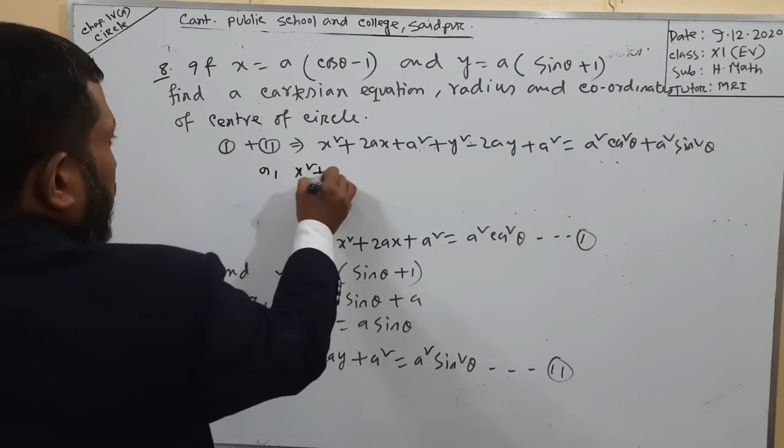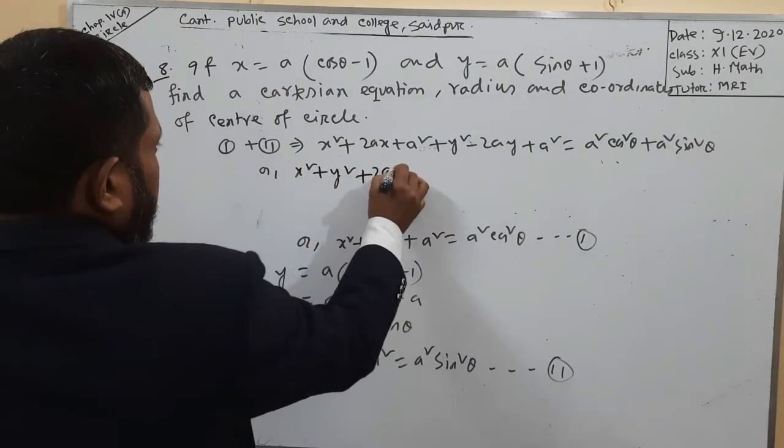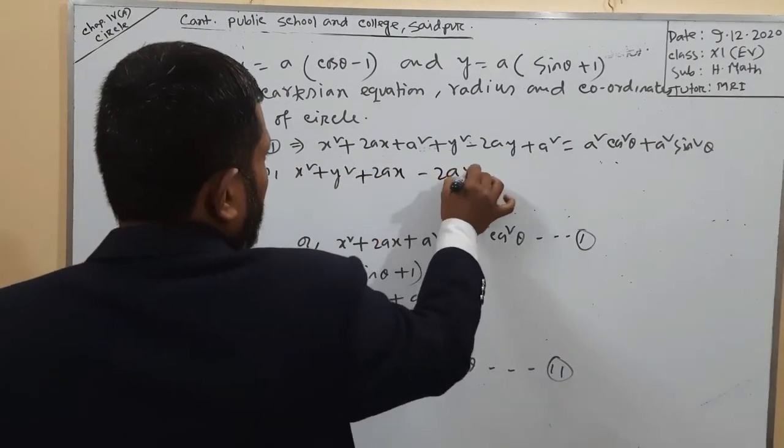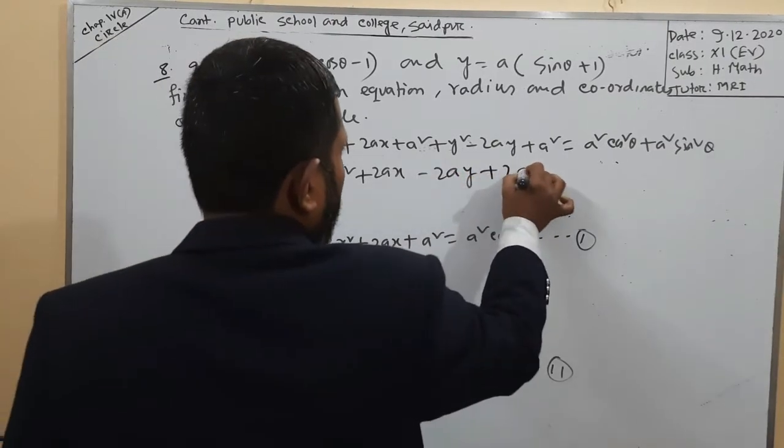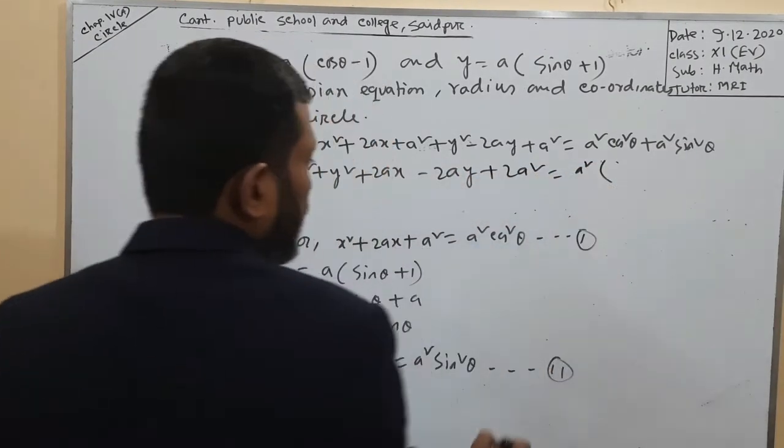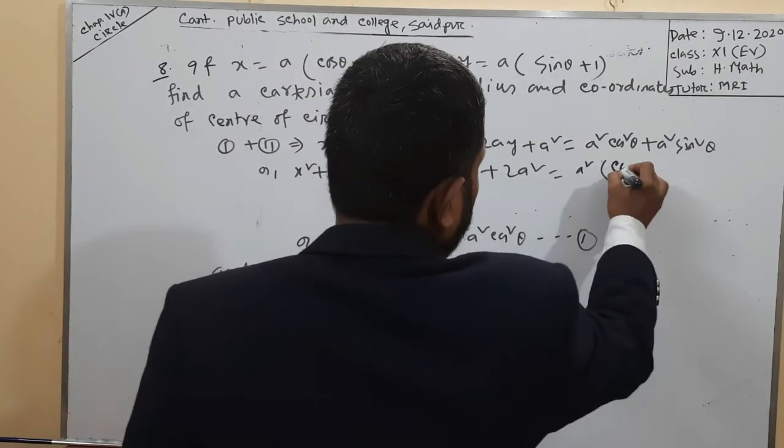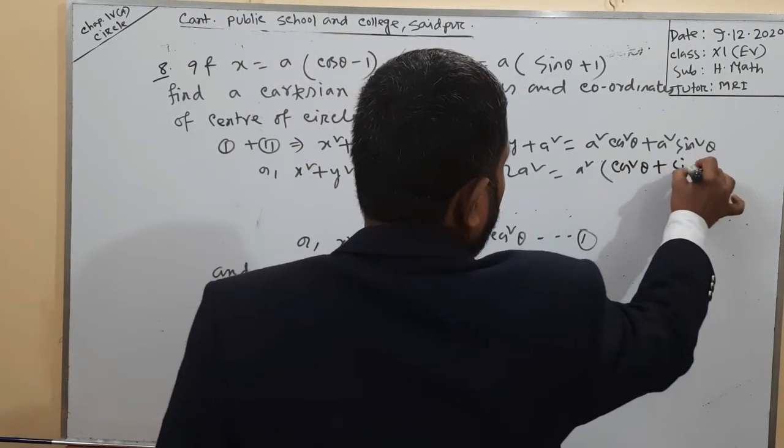Now x square plus y square plus twice ax minus 2ay plus 2a square. If we take a square common, we get cos square theta plus sin square theta.